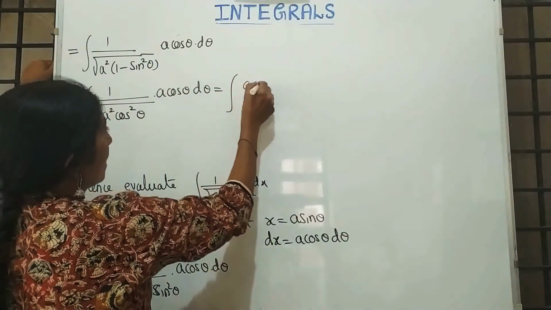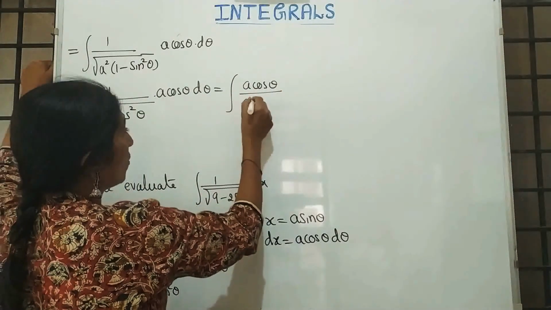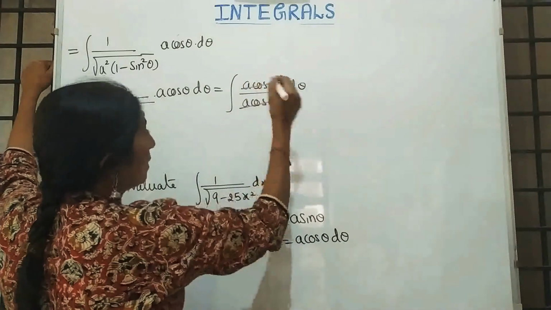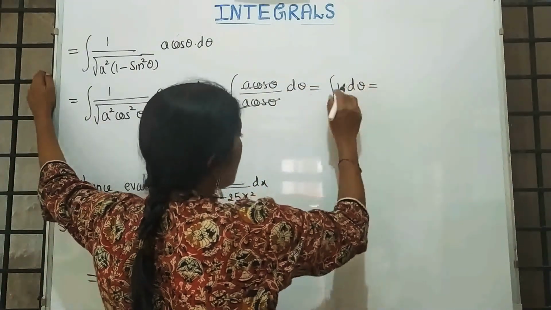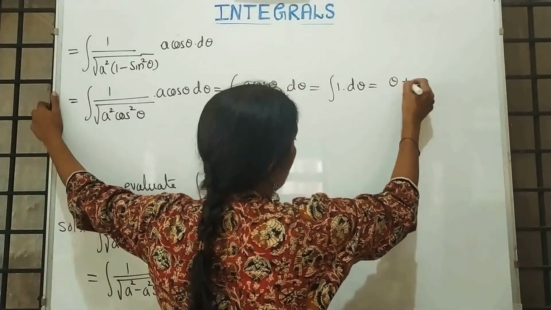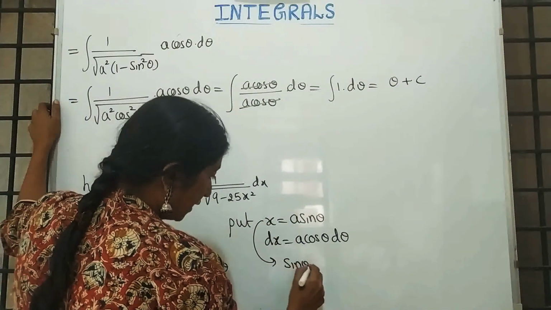Integration of a cos theta, square root of a square cos square theta is again a cos theta d theta. They get cancelled. What is remaining? 1 is remaining. And what is the integration of 1 with respect to theta? That is theta plus c. What is sin theta here in the substitution?